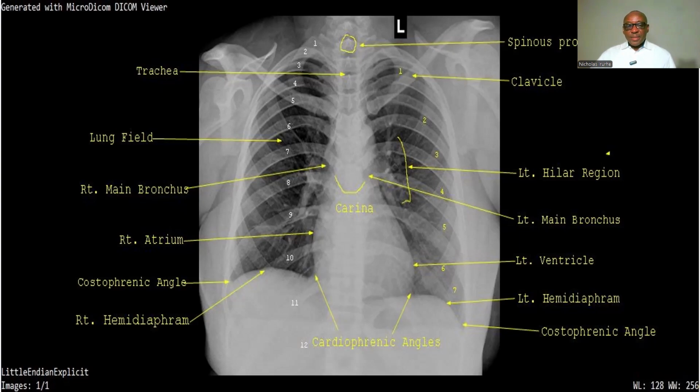So with this, I think I have been able to make the anatomy of the chest X-ray simple.